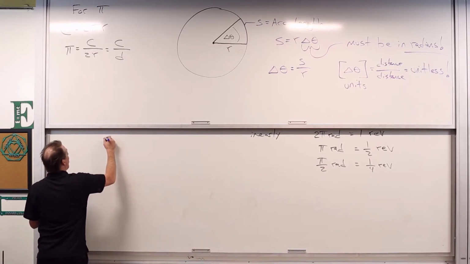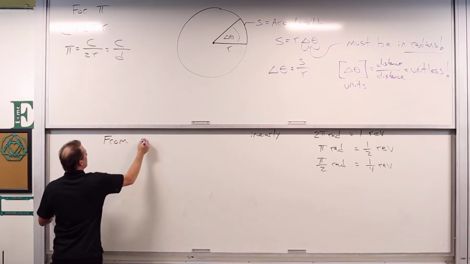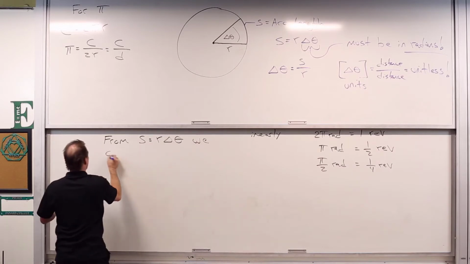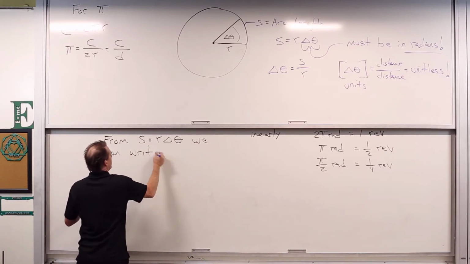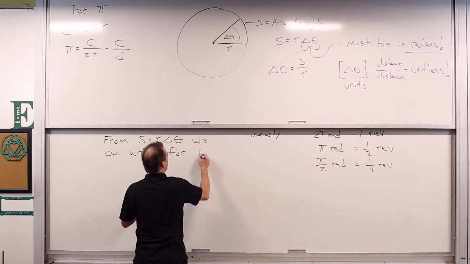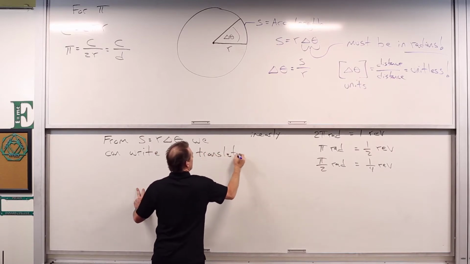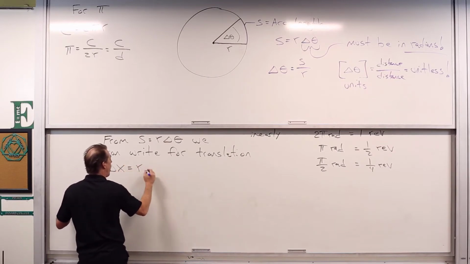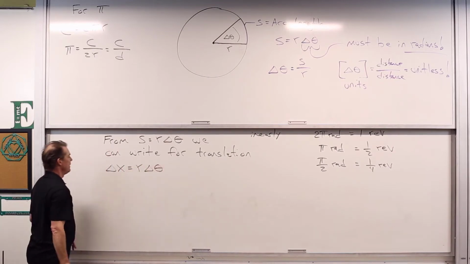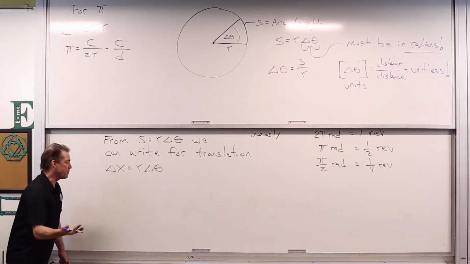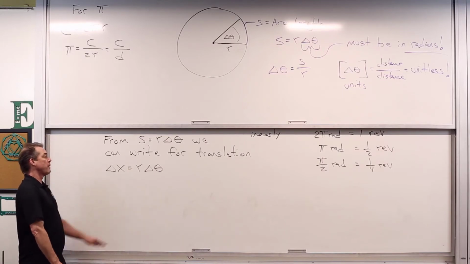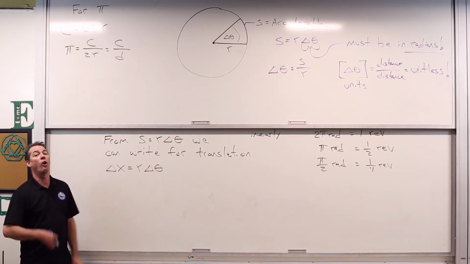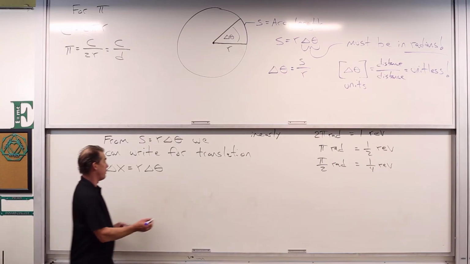From s equals r delta theta, we can write for translation, delta x is equal to r delta theta, where delta x is the linear displacement of the object in terms of its angular displacement, if it is rolling without slipping or sliding, wholly translating its rotation into linear motion.